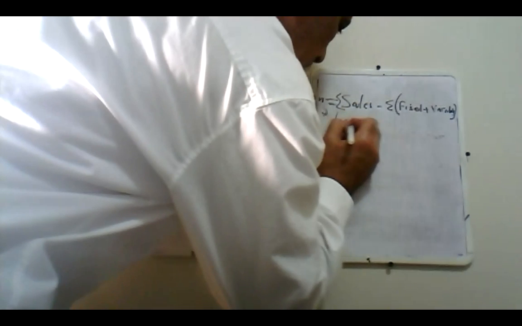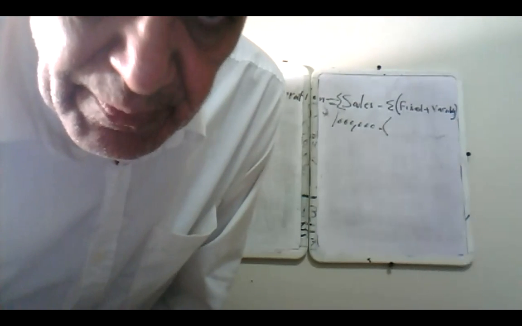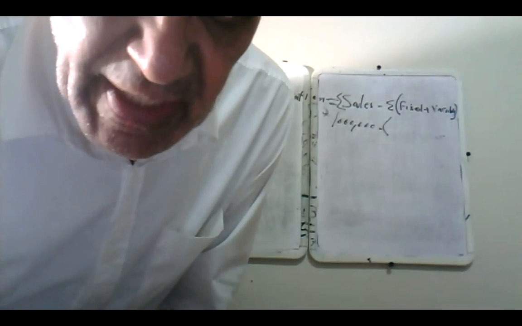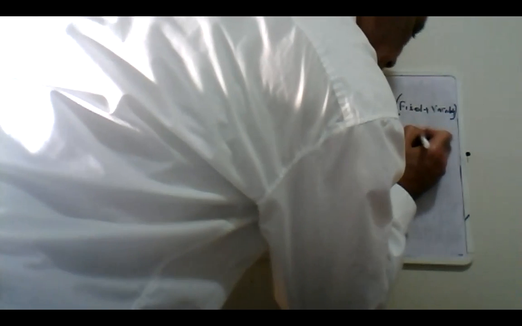So if the sales were $1 million minus the fixed cost, which in this example was 300,000, and the variable cost was $600,000, then all the costs will be 900,000.